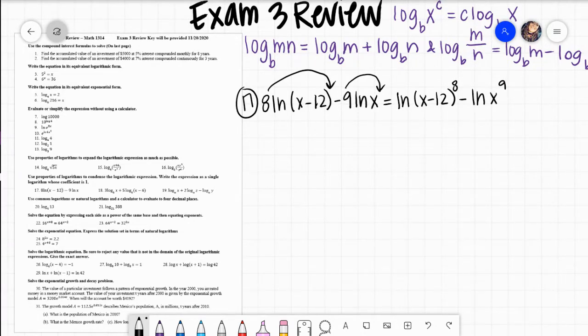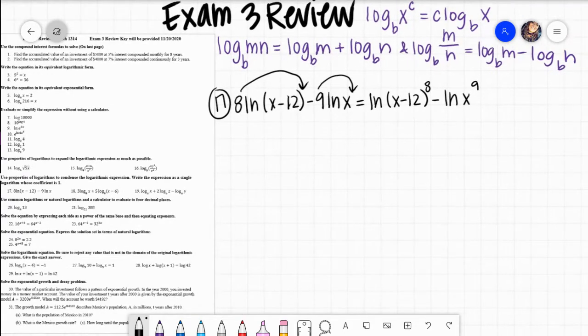Since this is a difference problem, this comes from the quotient rule. This is my m, this is my n, and you do m over n. So I have natural log of x minus 12 to the 8th power divided by natural log of x to the 9th power. And so that's your answer here.